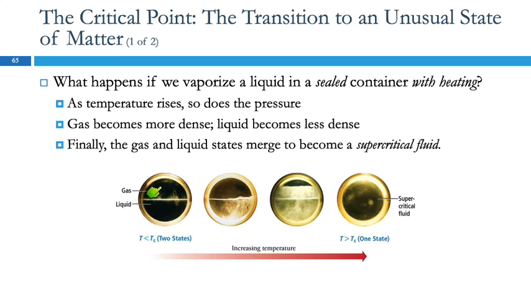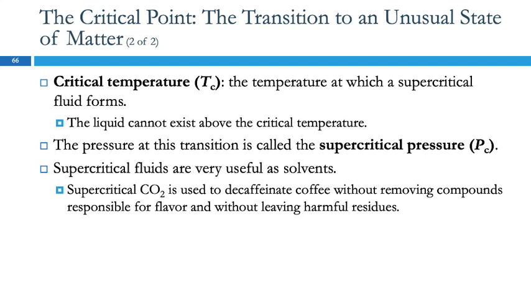So here we have a gas and a liquid, and as we increase the temperature, the gas becomes more dense, the liquid becomes less dense, and above the critical temperature, you just have a single state. It's not a gas or a liquid. So the critical temperature is the temperature above which a supercritical fluid forms. And the pressure at that temperature would be called the supercritical pressure.